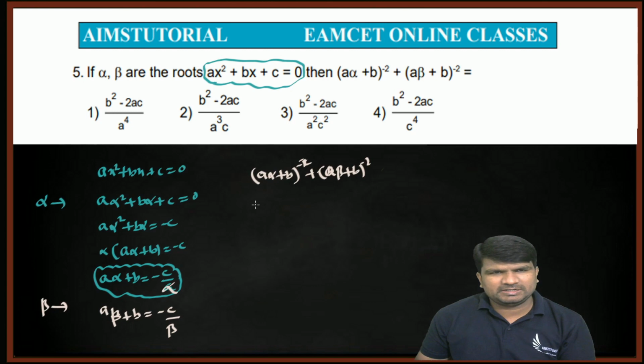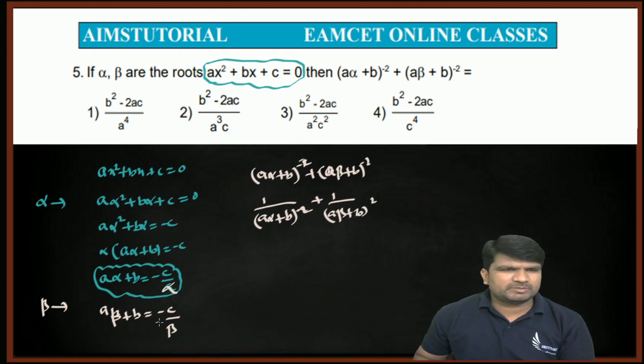Minus 2 means divided, so 1 by (a alpha plus b) whole square plus 1 by (a beta plus b) whole square. We have a alpha plus b is minus c by alpha, and a beta plus b is minus c by beta.